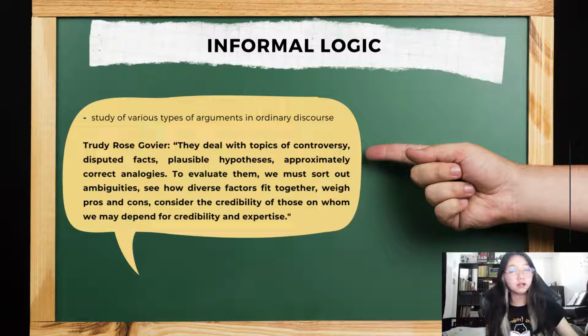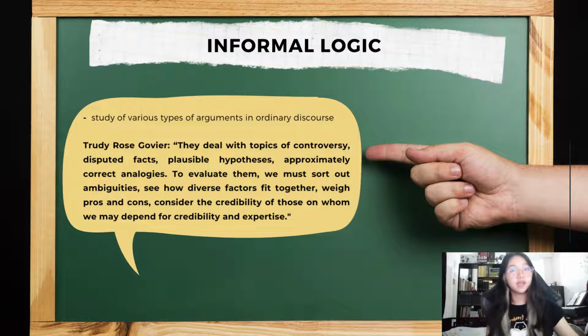We will now tackle informal logic, which is the study of various types of arguments in ordinary discourse. This time, you identify, analyze, evaluate the content of the argument and not focus on the structure or template like you do in formal logic.